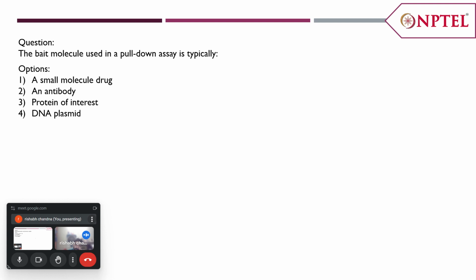The main molecule used in a pull down assay is typically a small molecule drug, an antibody, protein of interest, or DNA plasmid. What can be the correct answer?